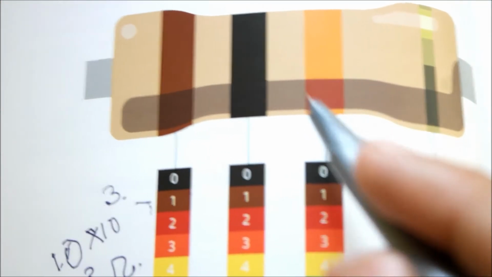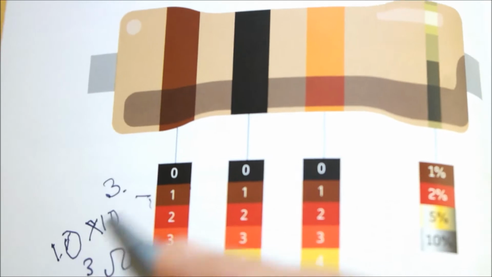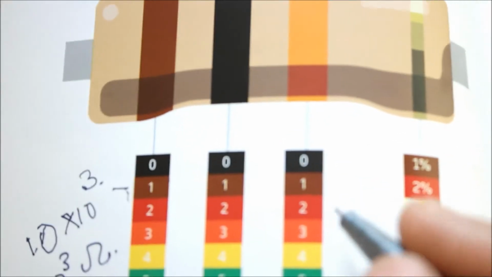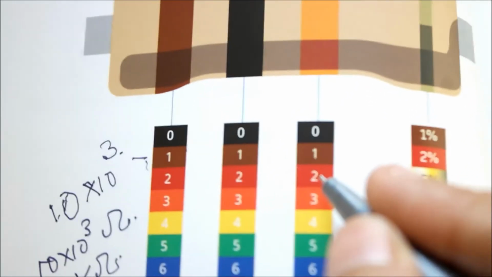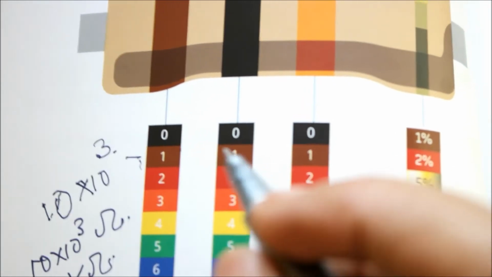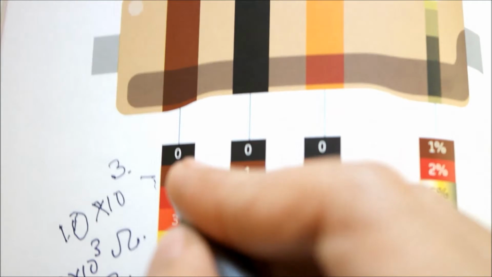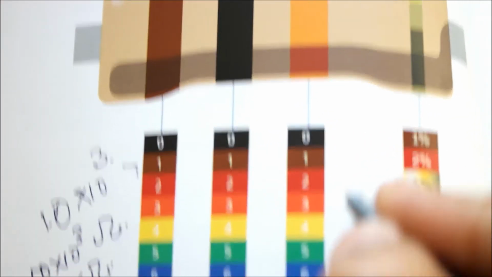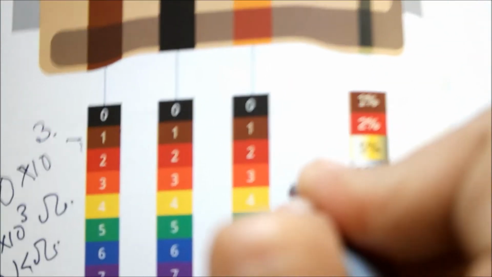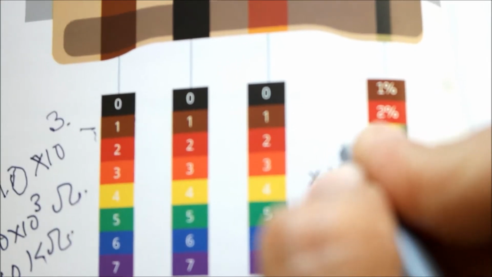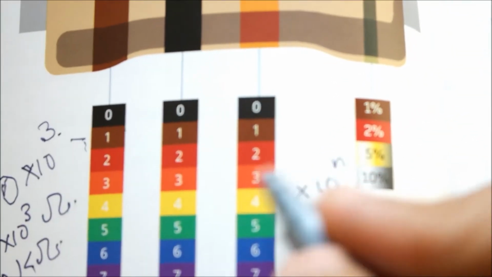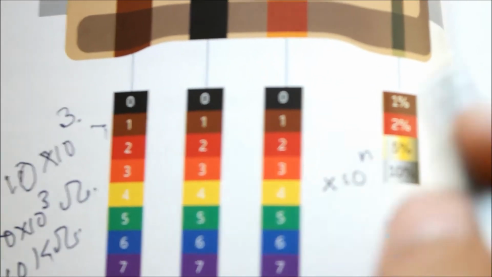The third band is actually a multiplier, and it's 10 to the power n. So the first significant digit, second significant digit, into 10 to the power n. N stands for specific numbers here.